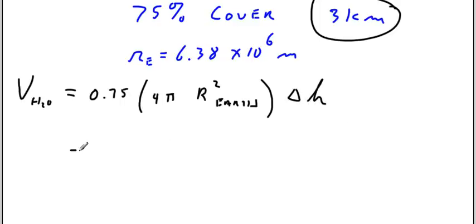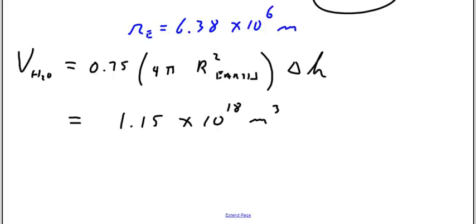Okay, so we put all those numbers in our calculator, and we get 1.15 times 10 to the 18th meters cubed of volume. So now at this point, all we have is dimensional analysis.